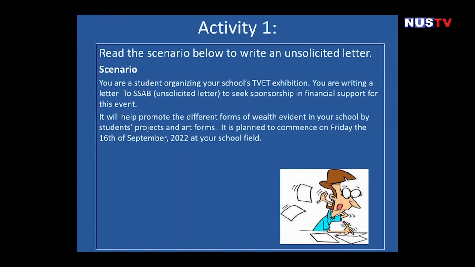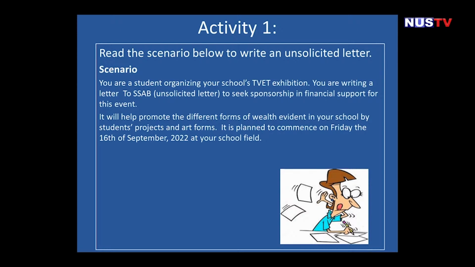You will read the scenario below and write an unsolicited letter. Let's read the scenario together. You are a student organizing your school's TVET exhibition. You are writing an unsolicited letter to SAP to seek sponsorship and financial support for this event. It will help promote the different forms of talent evident in your school through students' projects and art forms.